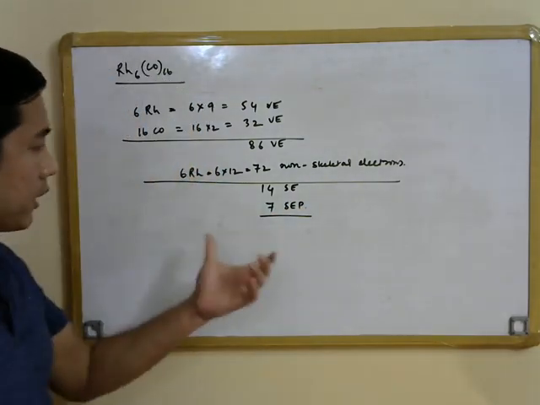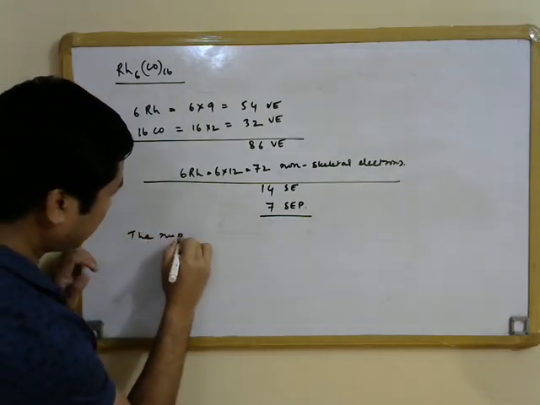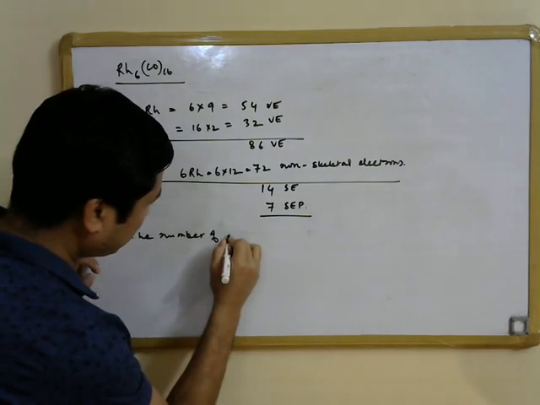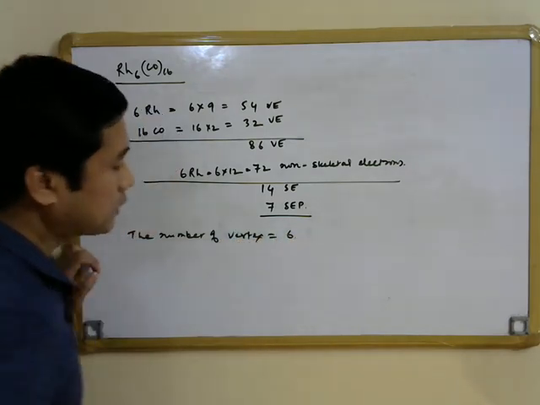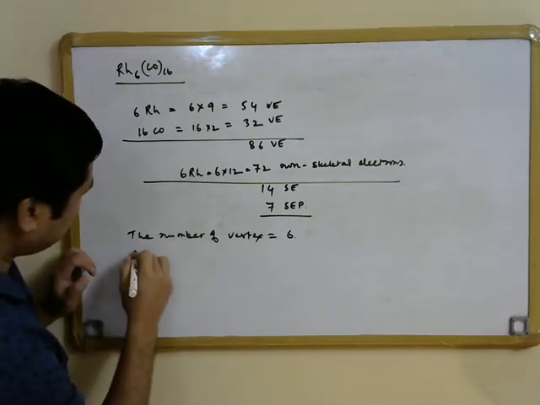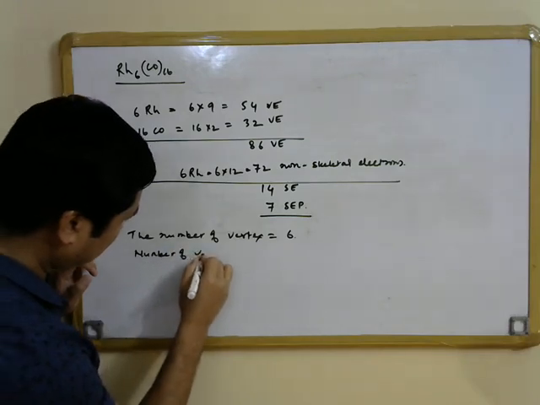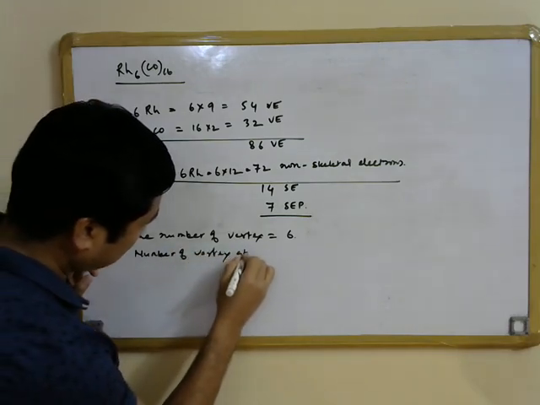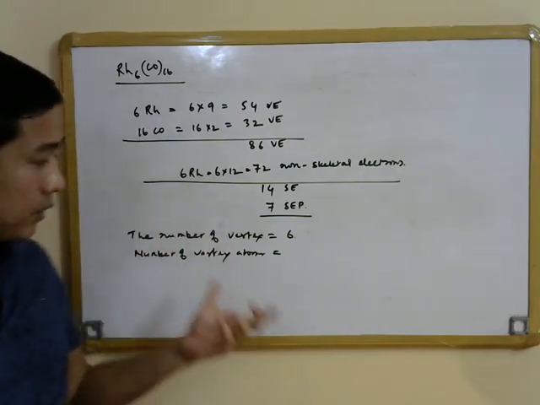And from here again what we can say is that the number of vertices here is equal to 6, and each of these rhodium centers is going to occupy one vertex.